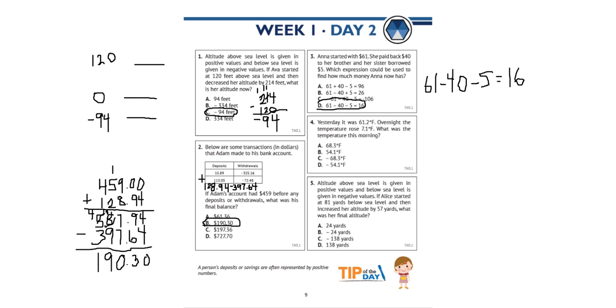Number 4, yesterday it was 61.2 degrees Fahrenheit. Overnight the temperature rose 7.1 degrees. What was the temperature this morning?